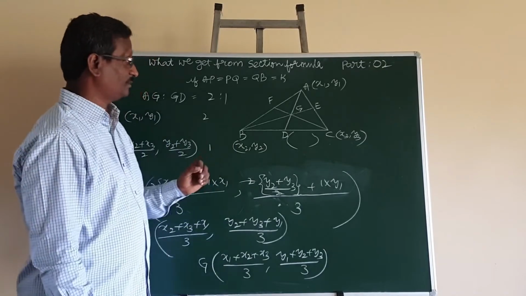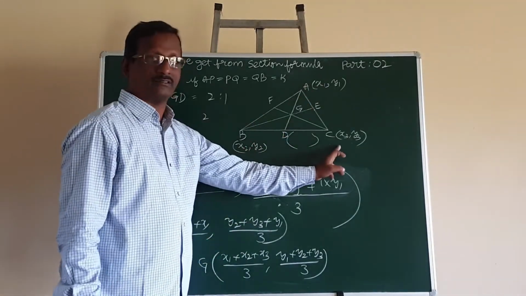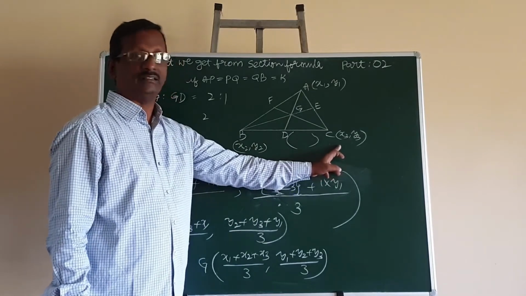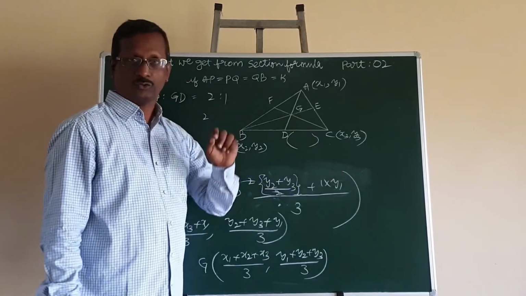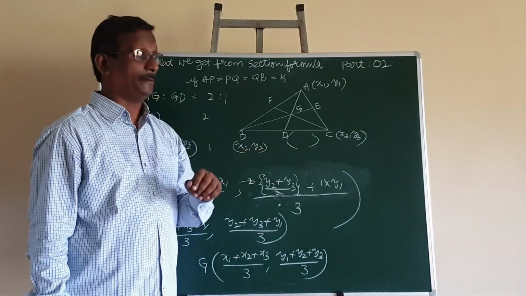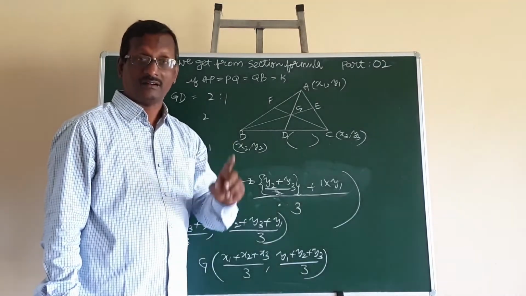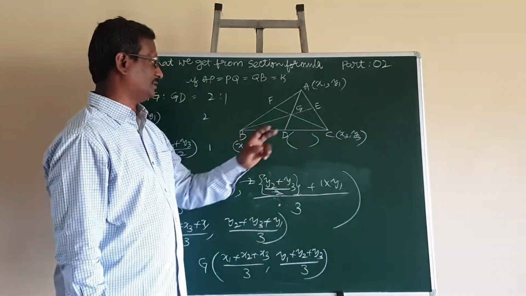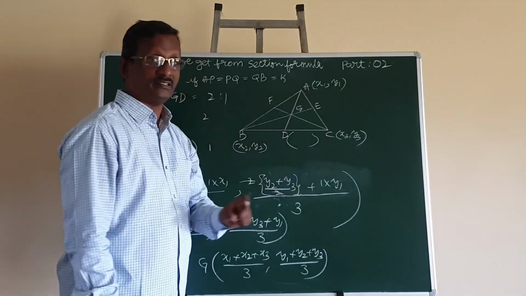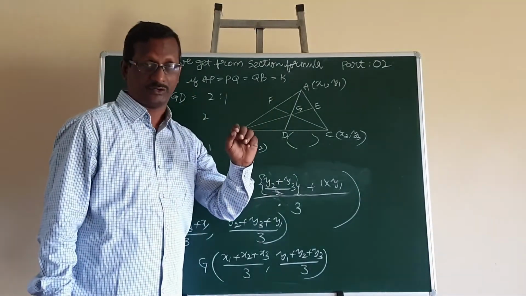Next, there are certain cases where all three coordinates of points A, B and C are given and you will be asked to find the coordinates of the centroid. That's common. Sometimes, among the three vertices, the coordinates of one point are missing but they give the coordinates of the centroid.